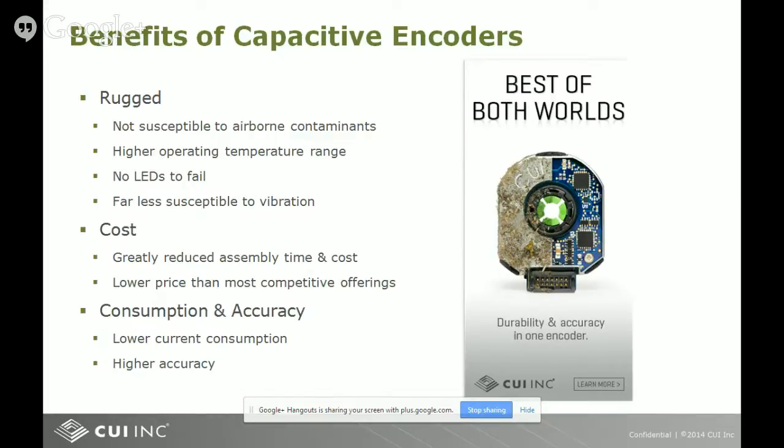It's far less susceptible to vibration, also, as you look at opticals. Next, there's cost. We really looked at assembly time and how much time it takes to assemble the encoder onto the motor, and we'll talk about that a little more in a few slides. And then just the overall price. We wanted to be price competitive. And then finally, as we talked about, the current consumption and accuracy.